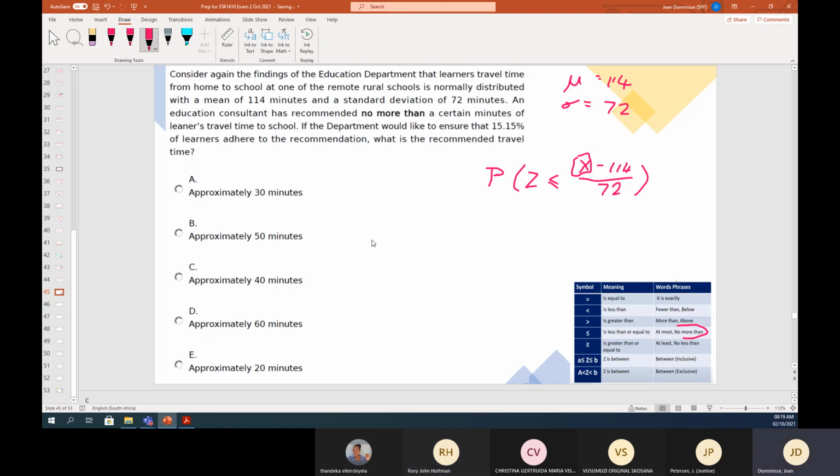Before we do that, what is this equal to? Or is there a way to get to the z?